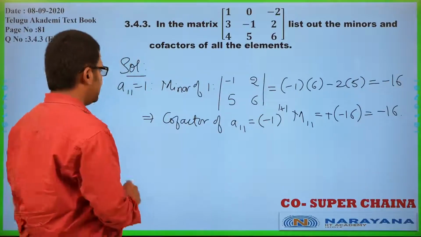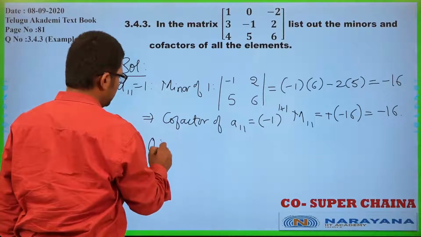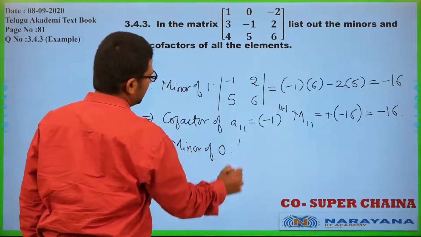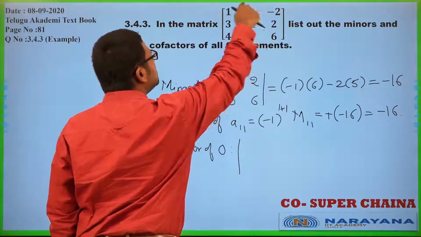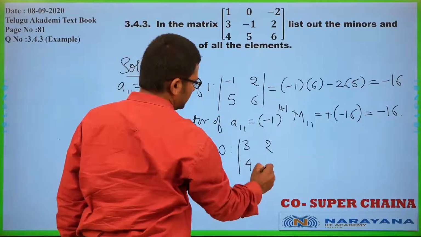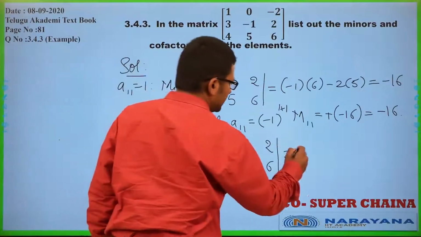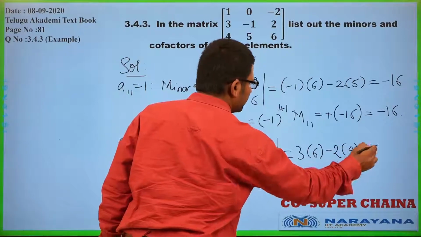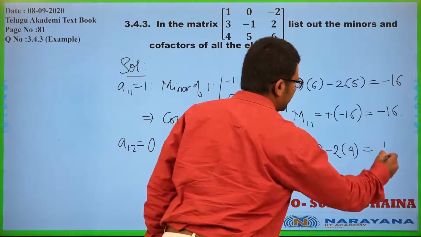Correct? Alright. Then A12 is 0. So minor of 0 would be, leave the first row, second column. So 3, 2, 4, 6. This determinant would be 3 into 6 minus 2 into 4, which is 18 minus 8. So 10.